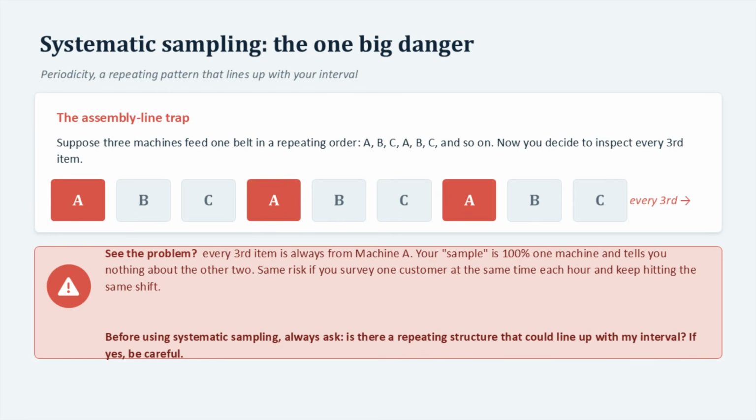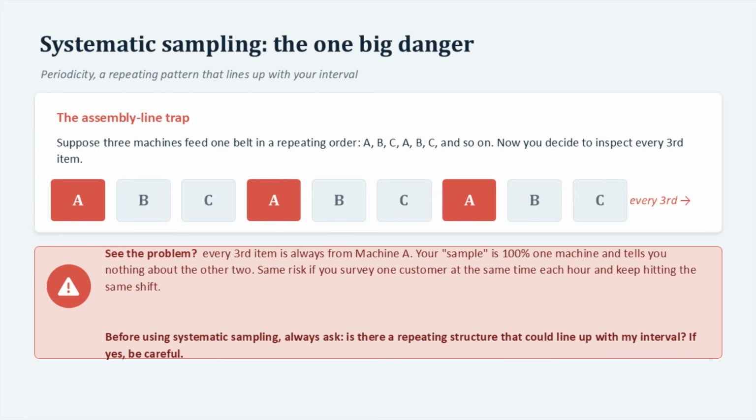And this problem can happen outside a factory too. Imagine surveying one customer at exactly the same time every hour. You might accidentally keep reaching customers from the same employee, the same shift, or the same type of traffic pattern. The issue isn't that systematic sampling is bad.